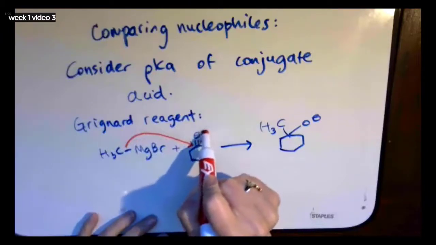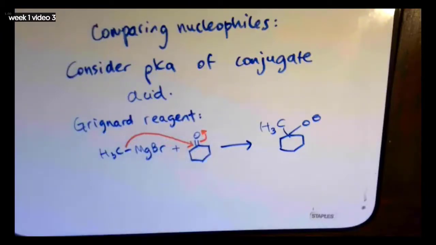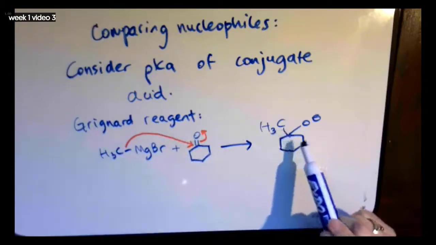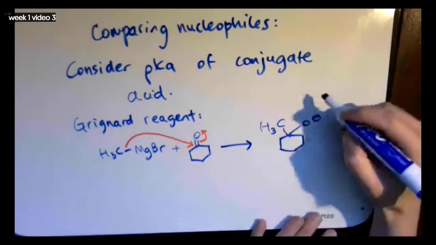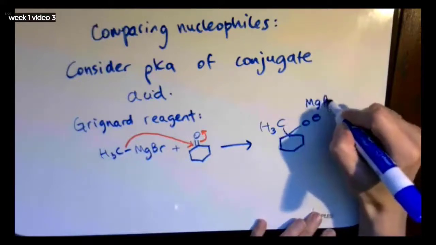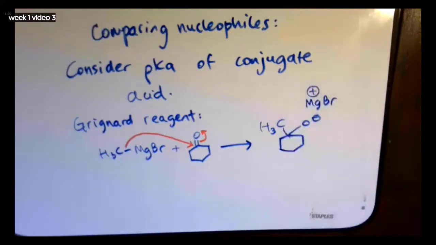We're going to attack the carbonyl, push the electrons up onto oxygen. That makes our new carbon-carbon bond for us and generates an alkoxide somewhere nearby in solution. There's the magnesium counterion. Okay, so Grignard reagents are nucleophiles.